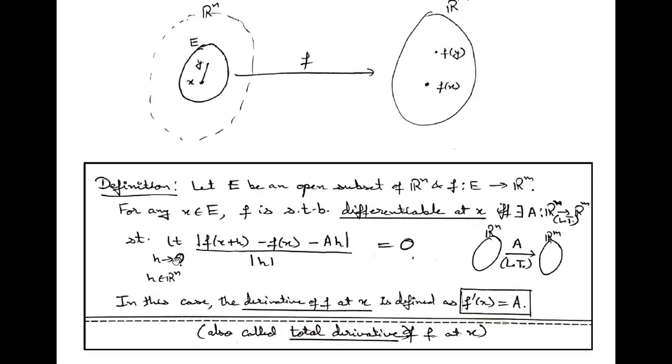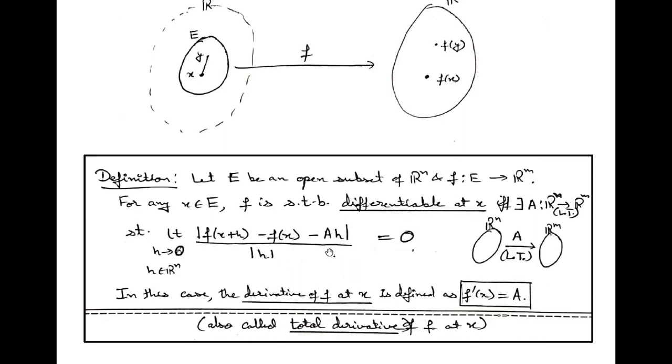For those neighboring points coming from any side, when the distance between them tends to 0, the norm of f of the neighboring point minus f of the original point x minus A applied to h, divided by norm of h, should be equal to 0.